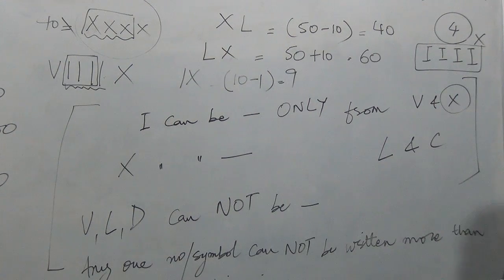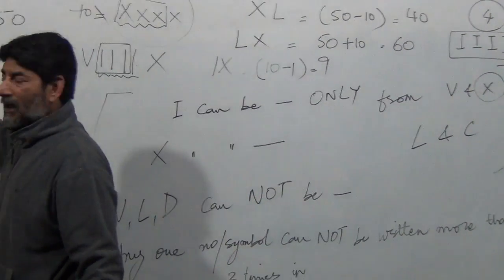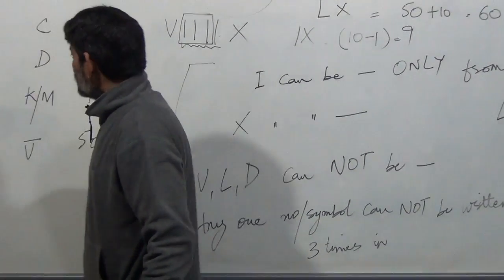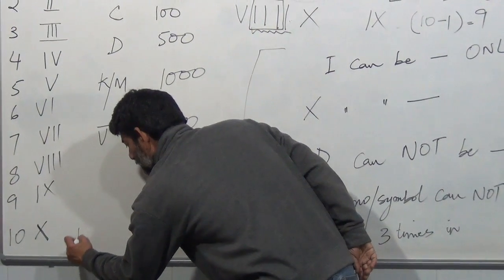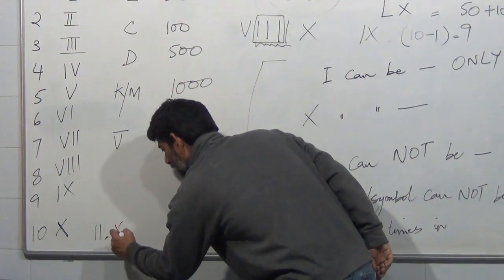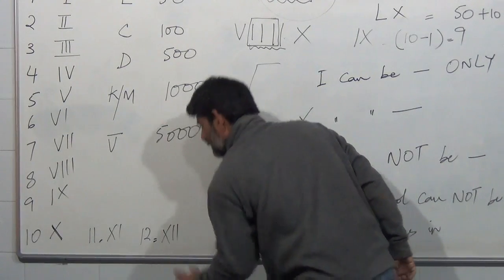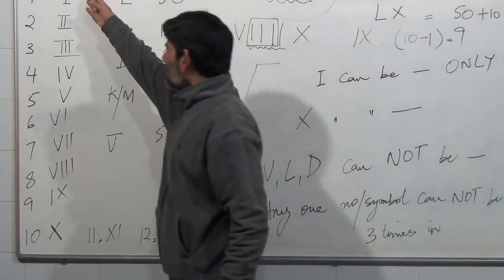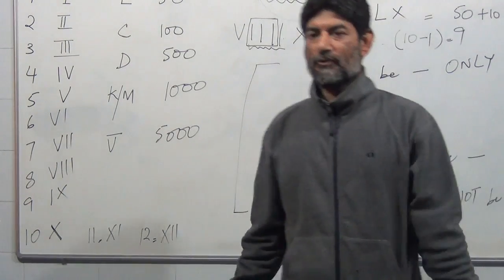So what have we learned so far? Of course, being in class 6, you are familiar with this. In fact, you should be familiar not only till 10, but with Roman figures from 1 to 12, because you have classrooms.